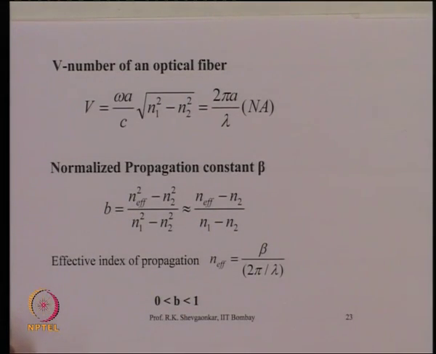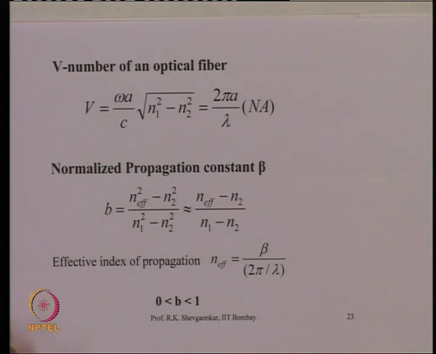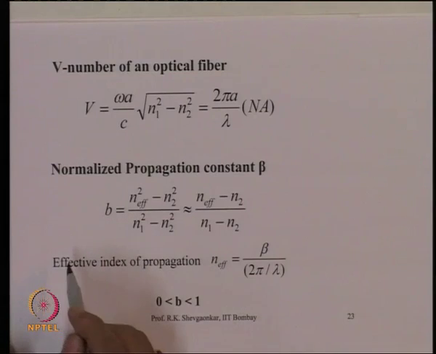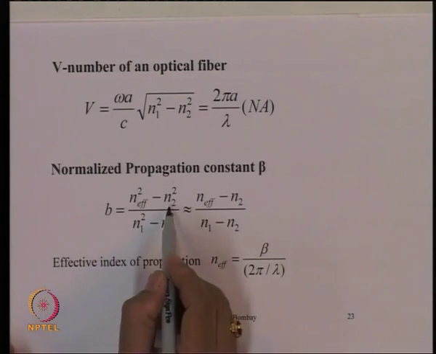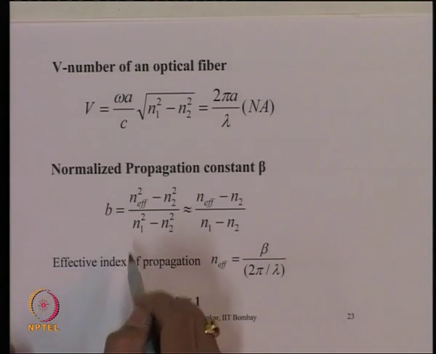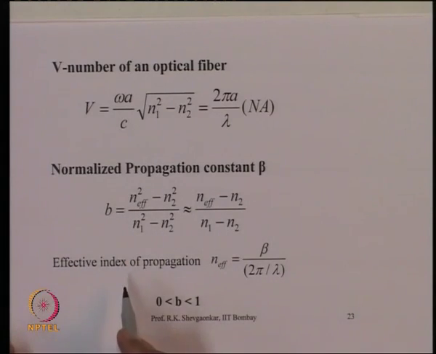We have seen earlier that the effective refractive index has a limit which goes between N1 and N2. When the mode approaches cutoff, N effective approaches N2, and when the mode is far from cutoff, N effective approaches N1. Most of the energy will get confined inside the core.